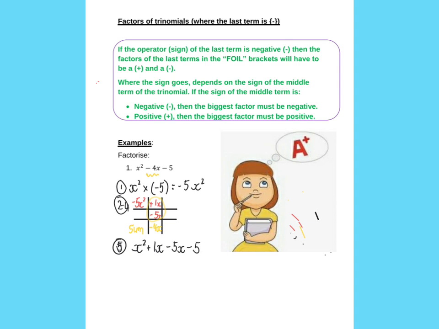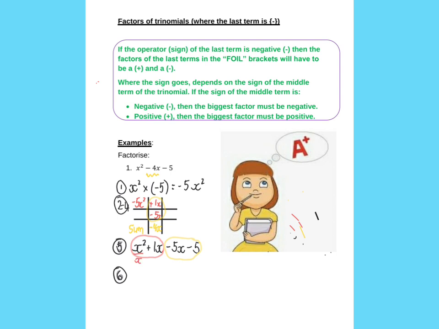Now we group them, and we have the first group and the second group. We're going to identify like terms from each group. In my first group, the pink or red group, x squared plus 1x, I have a common factor of x.